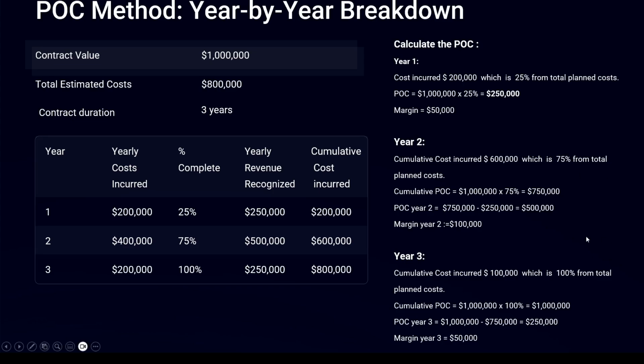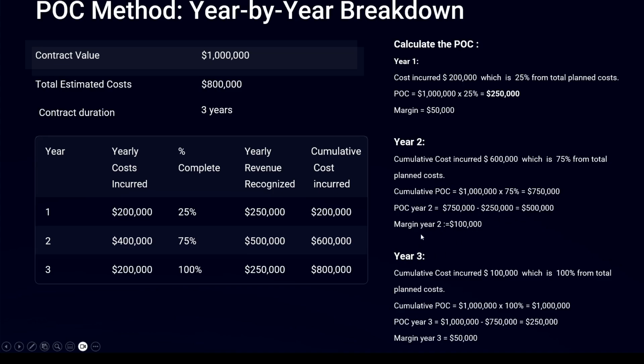Then we need to calculate the POC for year 2, which is the accumulated POC generated, 750,000, minus 250,000, which is the revenue generated during year 1, and we get the POC for year 2 at the value of 500,000.